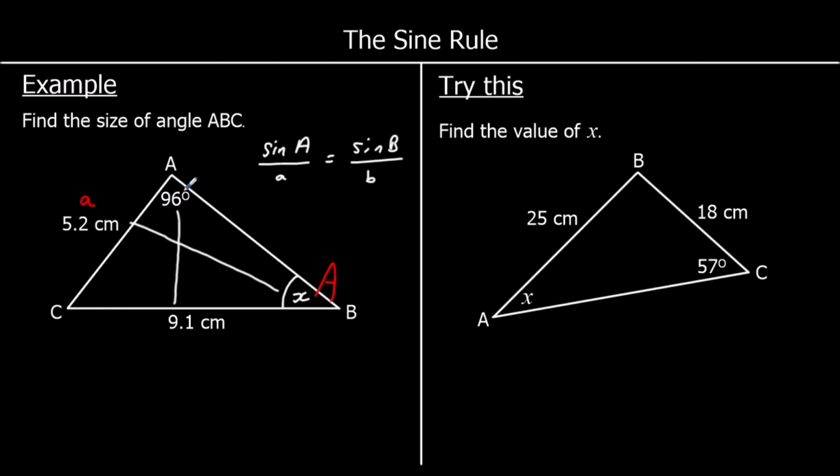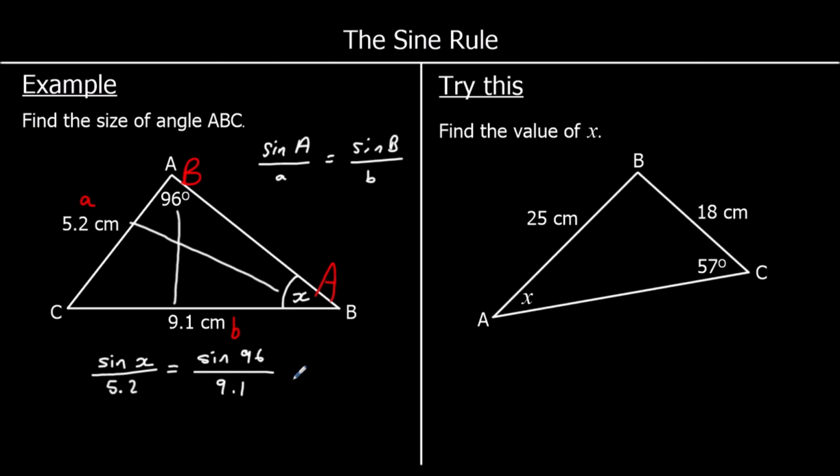Our other angle is going to be big B, and its opposite will be little b. So let's substitute in. So we've got sine x this time over its opposite, which is 5.2, equals sine 96, the other angle on top, angles are on top this time, over its opposite, which is 9.1.